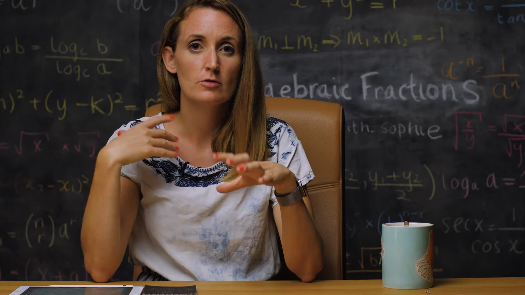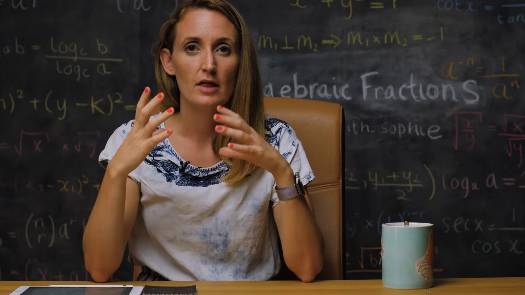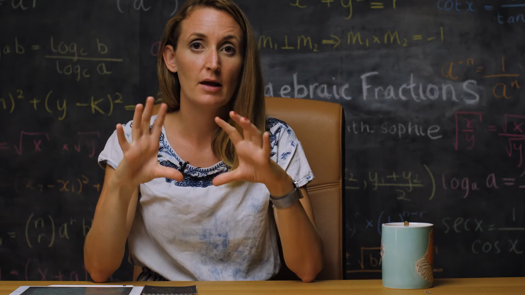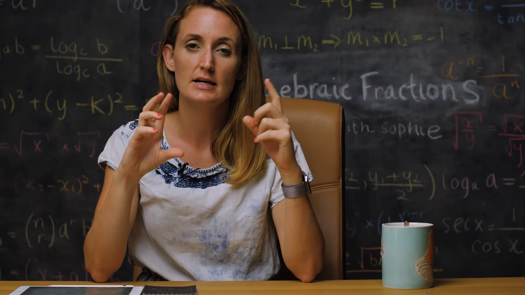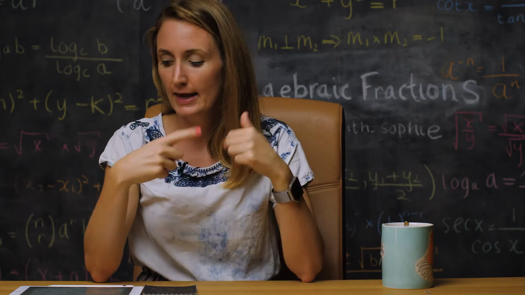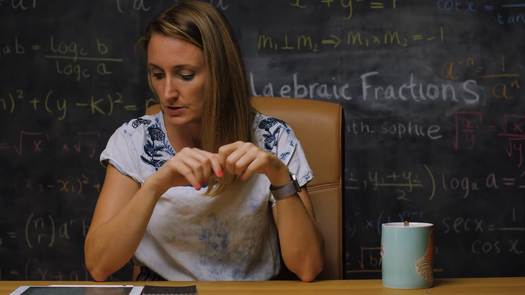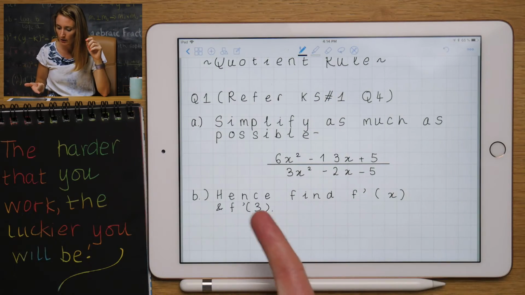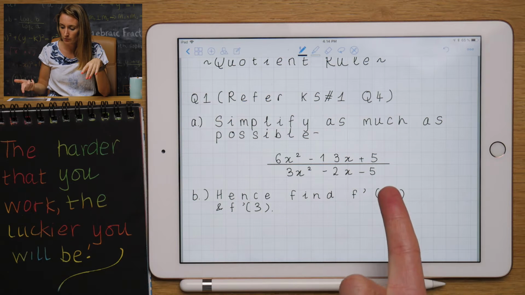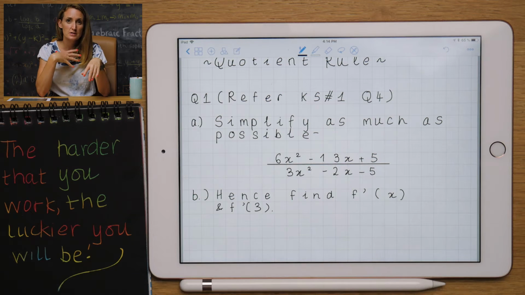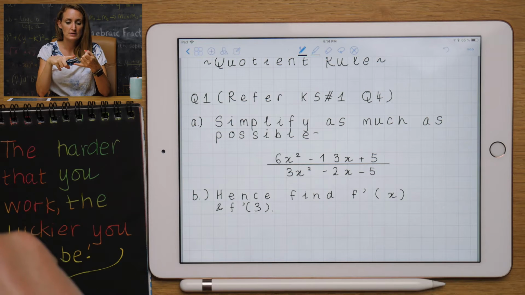I noticed that when I was combing through the questions, the longer, maybe 8-mark questions on algebraic fractions that have an A, B, and a C, tie in with this calculus theme. So the part A might look like this: simplify as much as possible, and they've given you an algebraic fraction. I personally picked one from Key Skill 1, but it could be using any of the skills that we've learned.